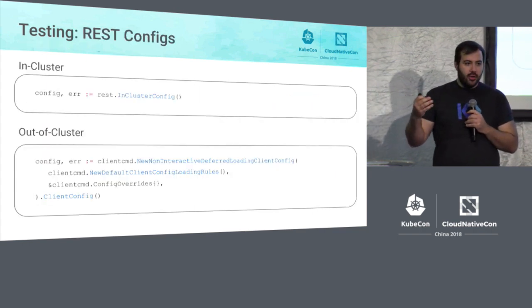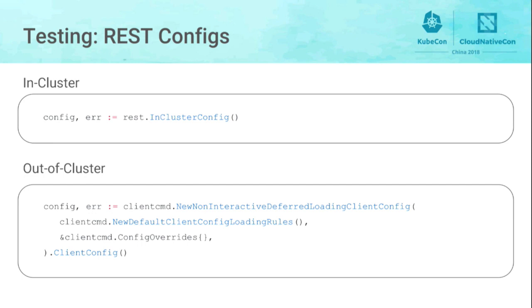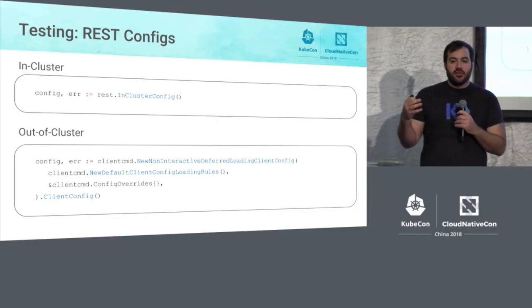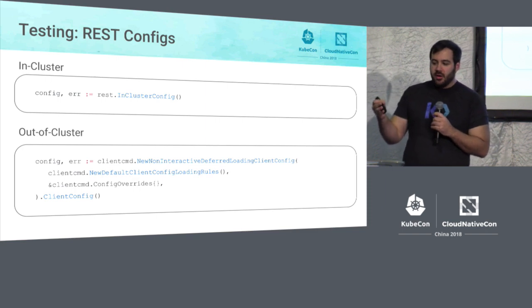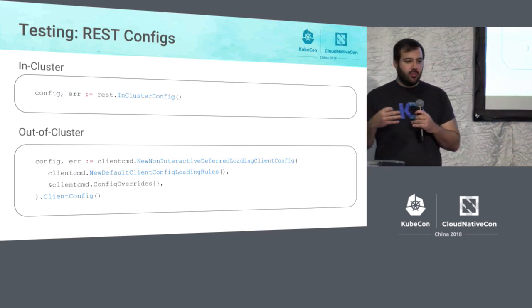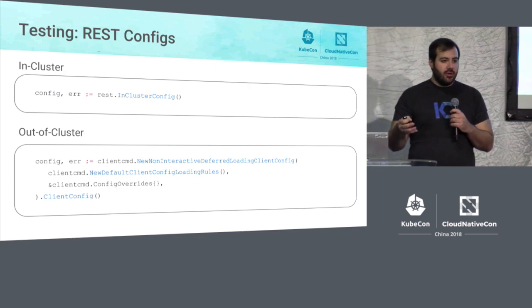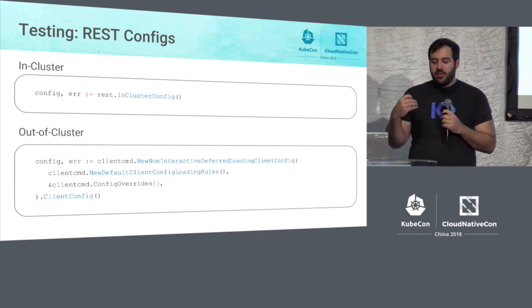One trick that we use for testing our operators is to actually run the controller outside clusters. Typically when you run a controller, you instantiate the client configuration using in-cluster configuration. The first snippet here is what you'll see all over the place, which is in-cluster config, which grabs the service account token that's mounted in every pod, and then we use that to instantiate a client.